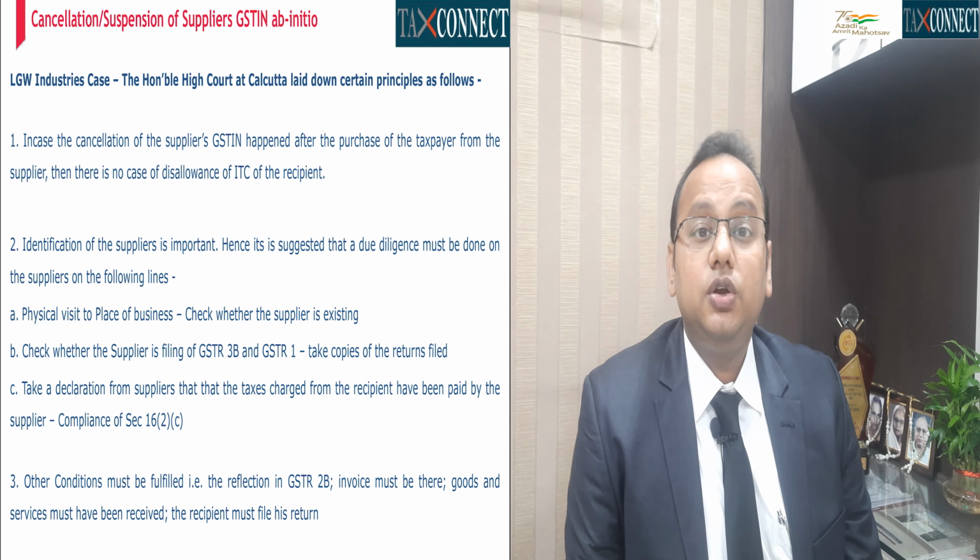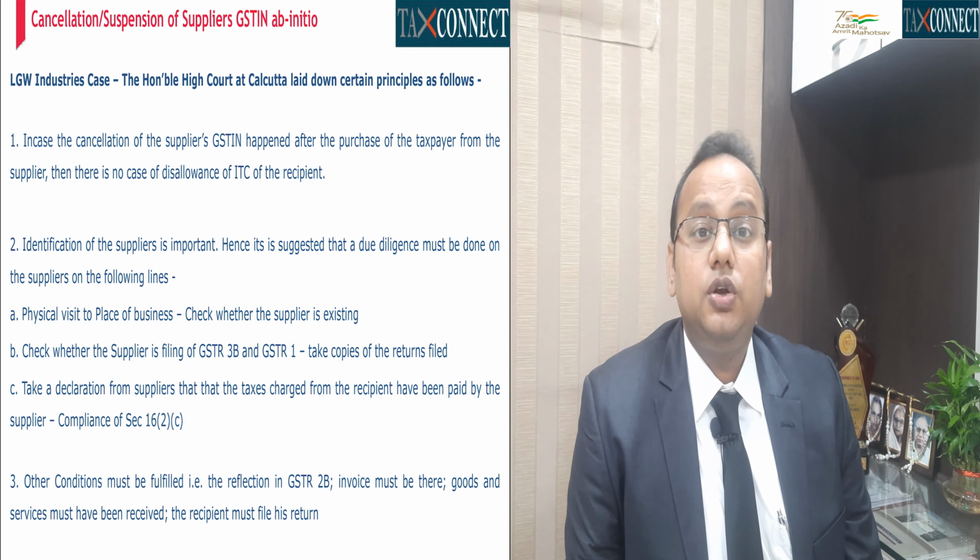One, it may be worthwhile to do a physical verification of the place of business of your suppliers to understand whether they are actually existing or not in the place of business mentioned in the GSTRC. Two, to take the GSTR 3B and 1 filed by the suppliers, and most important, to take a declaration from them that the tax which they have charged you and you have paid as a recipient of goods or services has been deposited by them to the department.